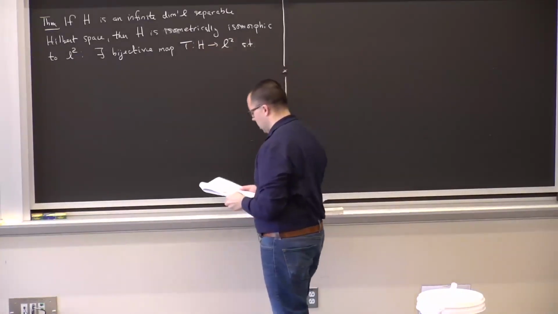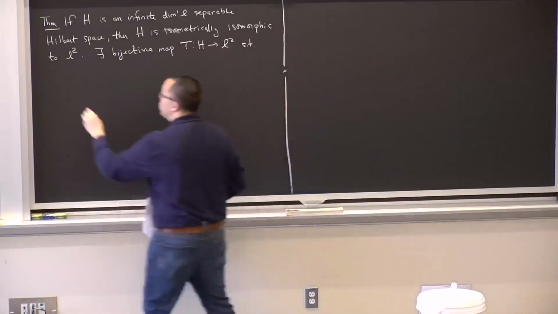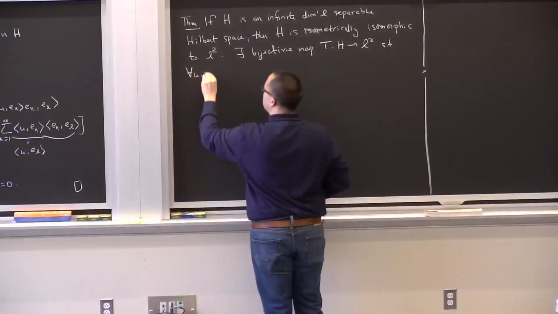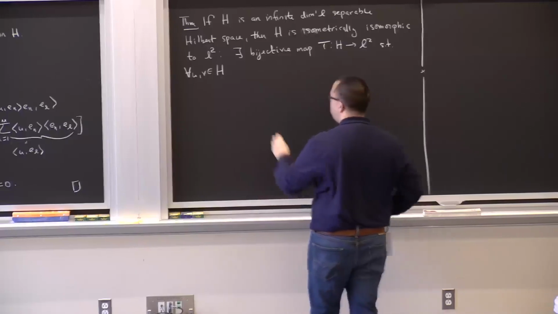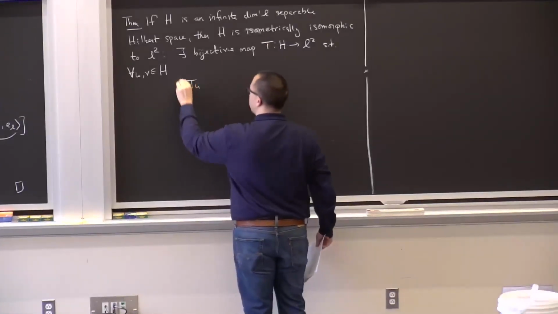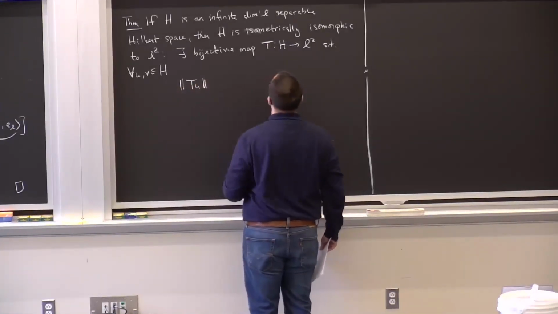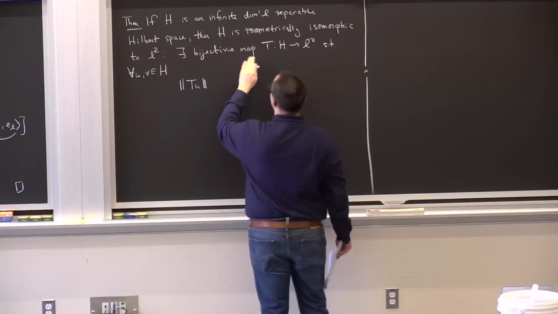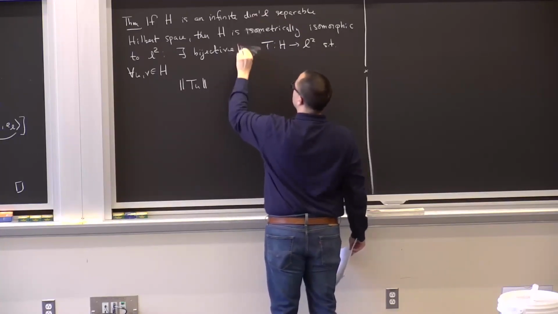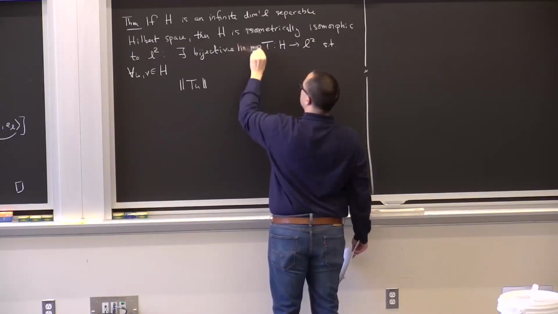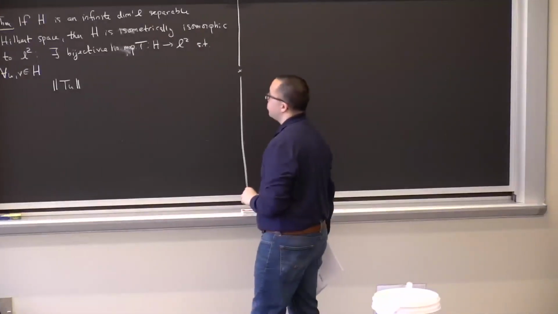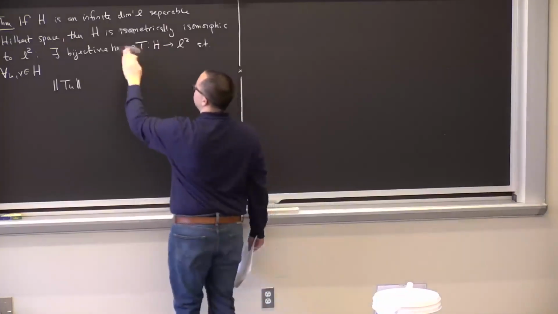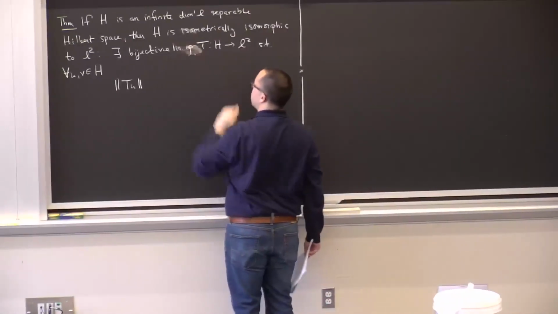So it's one-to-one and onto, so that for all u, v in H, we have that the norm of Tu, I should say bijective linear map, or I should even say, bijective linear operator.